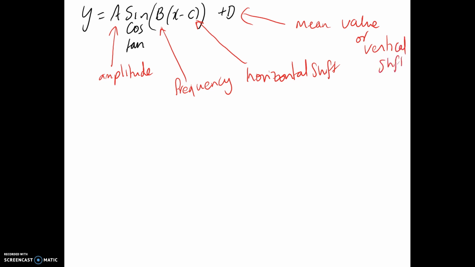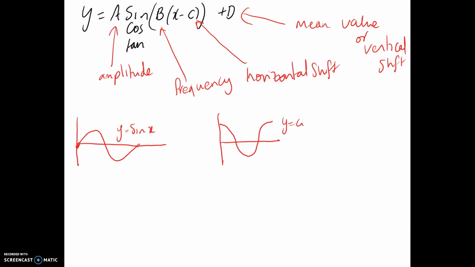Now it's also helpful to know what your functions look like. Your sine function starts at mean and finishes back at mean. Your cosine function starts at the maximum and finishes back at maximum.